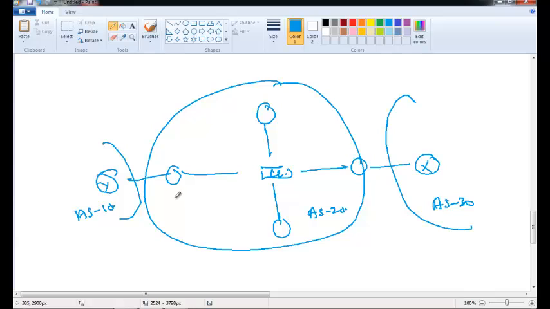Do I need to have fully mesh in this? Is there any need for fully mesh inside this autonomous system? Good answer. Why?